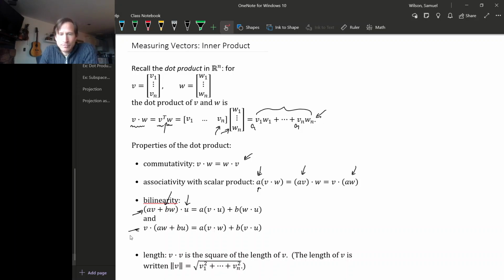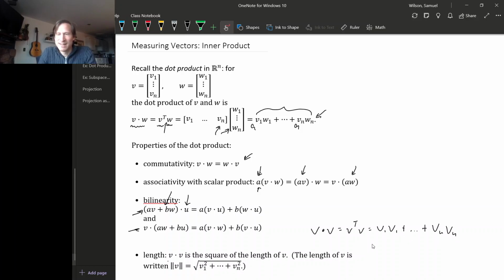And then finally, the reason that we can use this dot product to compute lengths is because if you look at v dot v, what you get is the square of the length of v. If you just imagine that both of these are v, you get v transpose v, and that's v1 times v1 plus v2 times v2 all the way up to vn times vn.